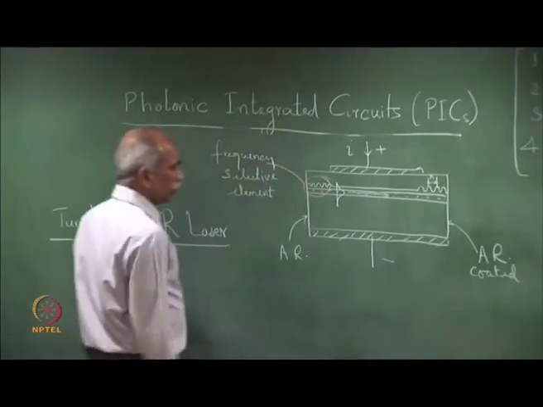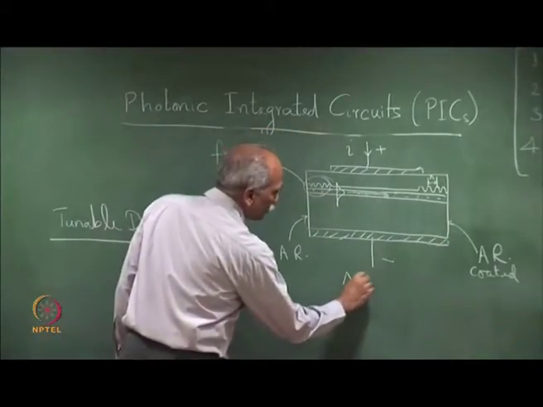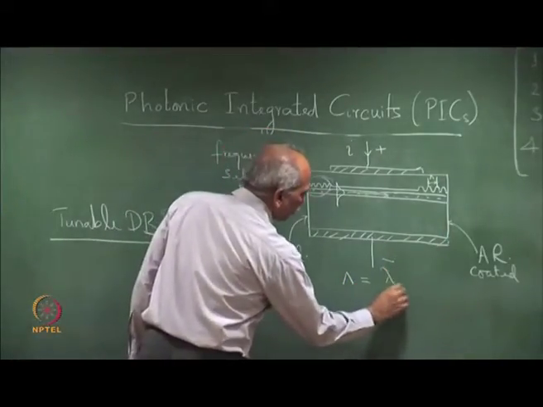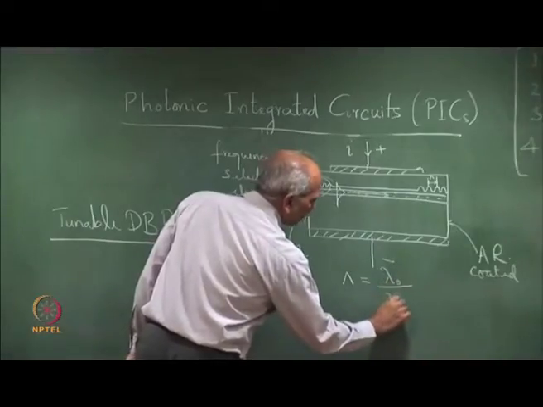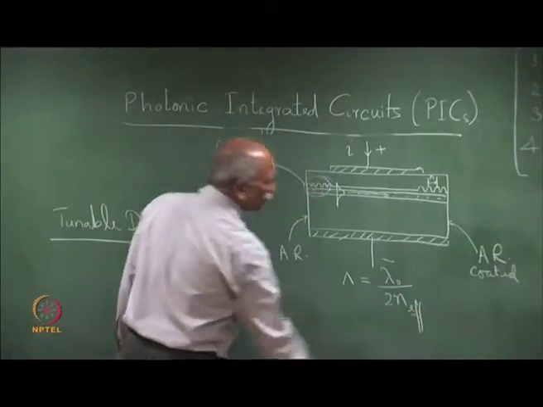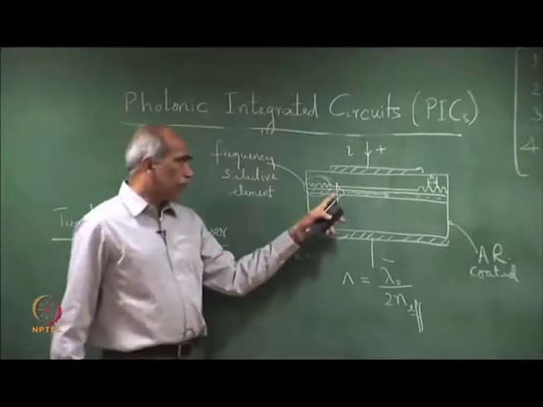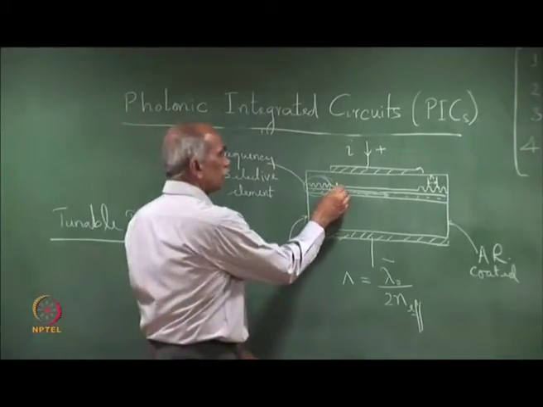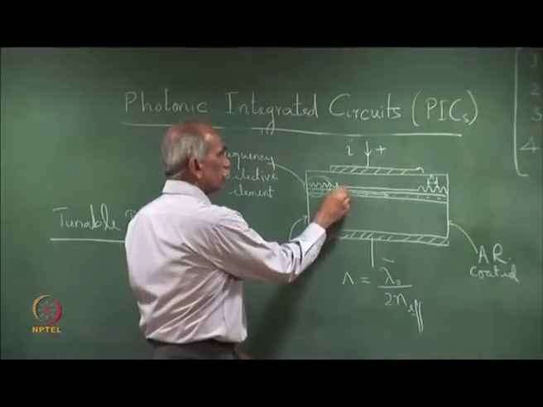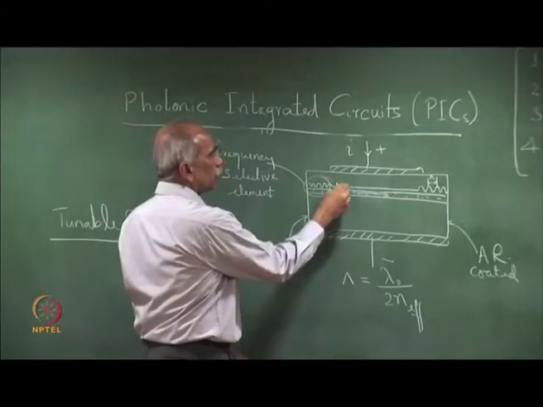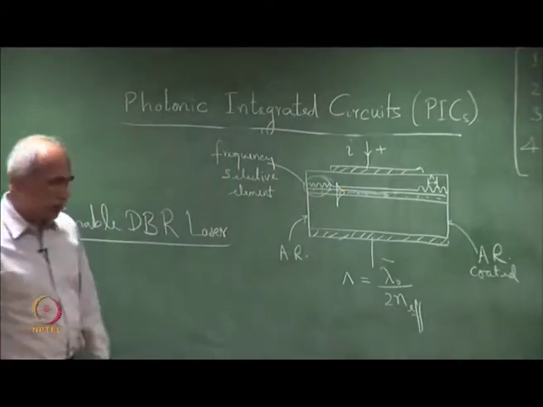So, the period here, lambda, is such that if we choose lambda is equal to lambda 0 divided by 2 n effective, where n effective is the effective index of the optical mode. Here is the optical mode which is propagating back and forth.